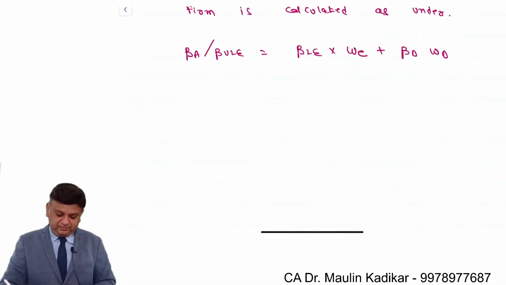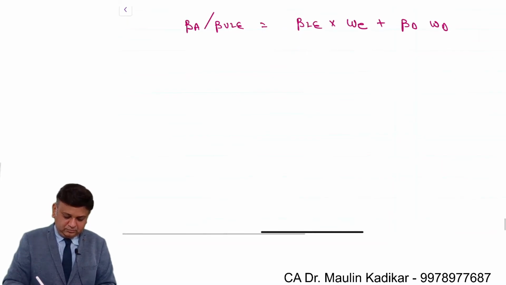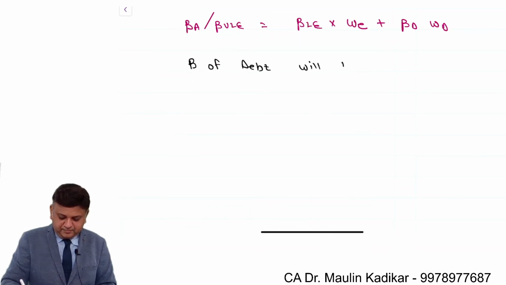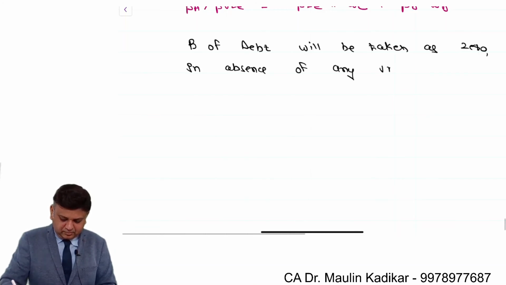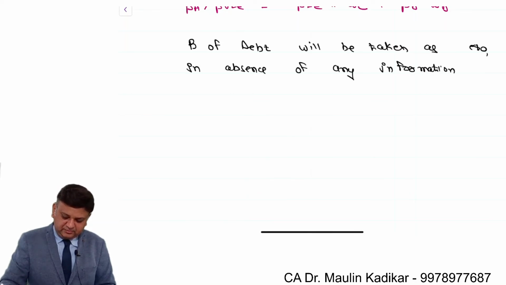With paragraph write down, beta of debt will be taken as 0, comma, in the absence of information. That is what we understand.